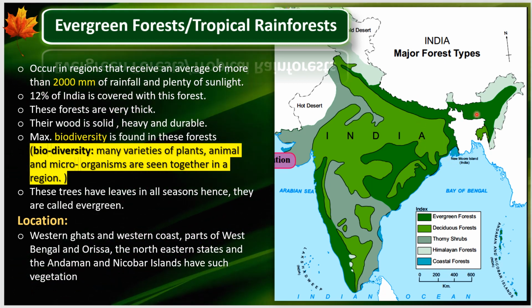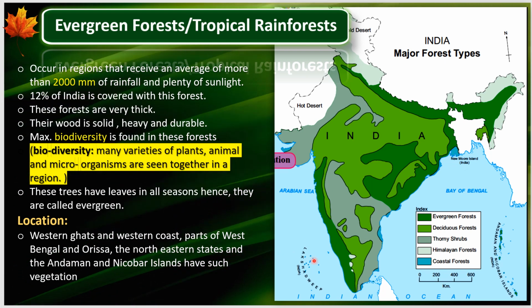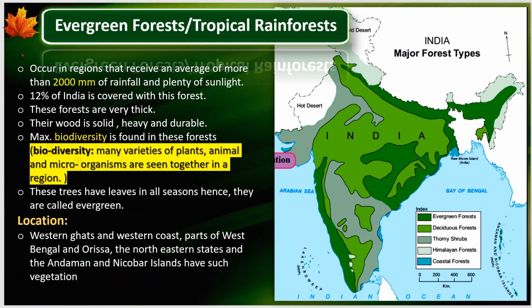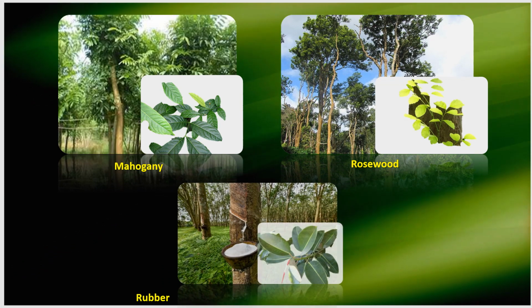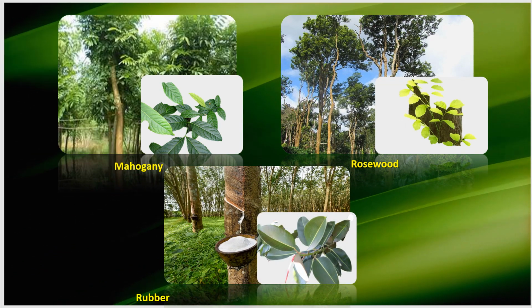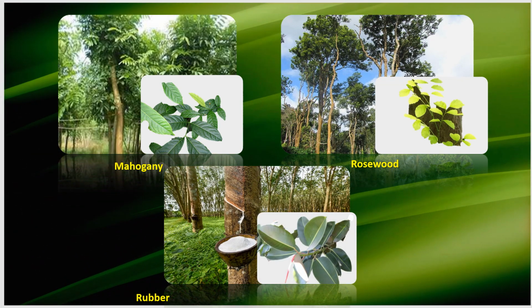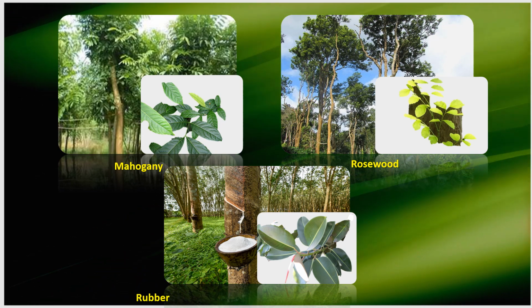The northeastern states, the Andaman and the Nicobar Islands have evergreen forests. Major trees found in the evergreen forests are mahogany, rosewood, rubber. We also find thick creepers, sisham, and other such trees in the evergreen forests.